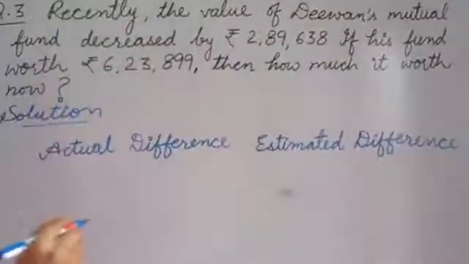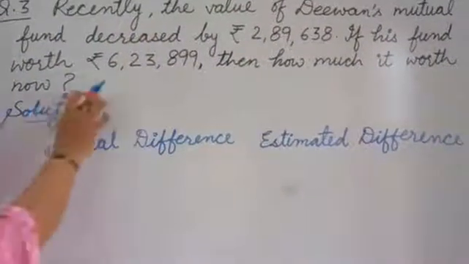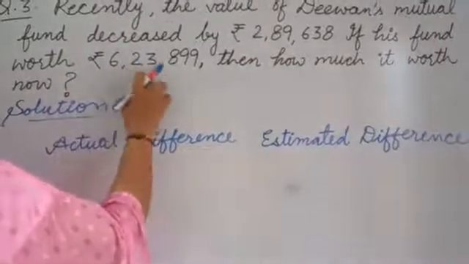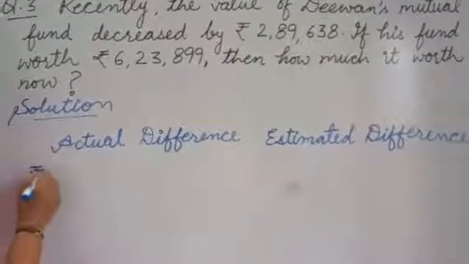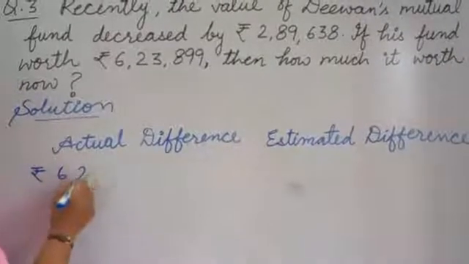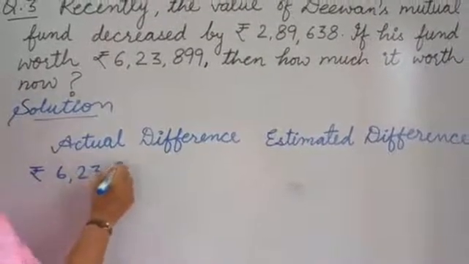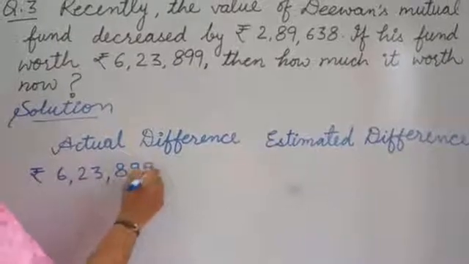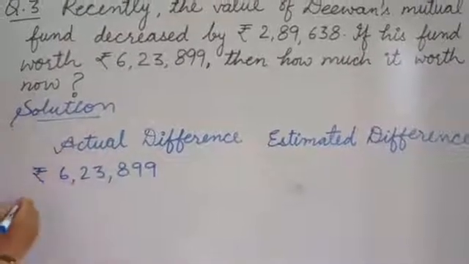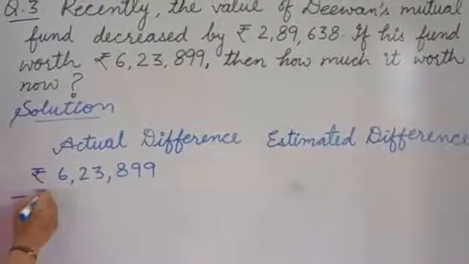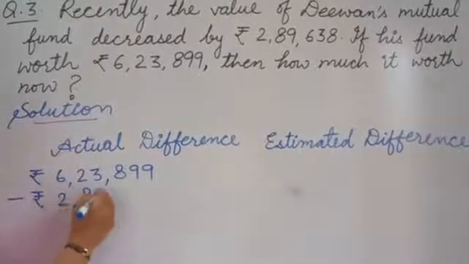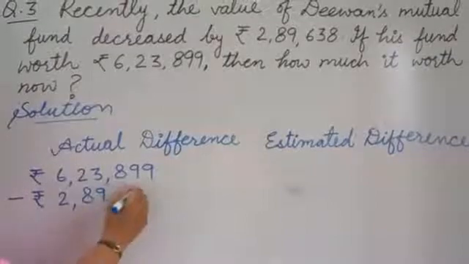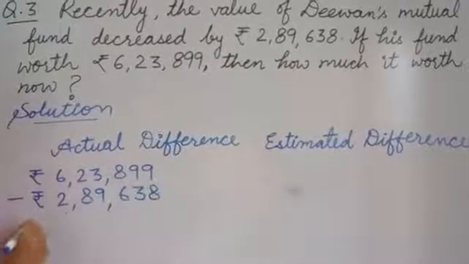Okay. Now actual, how much amount is previously? 6,23,899. So rupees 6,23,899 minus rupees 2,89,638. Now we do minus here.